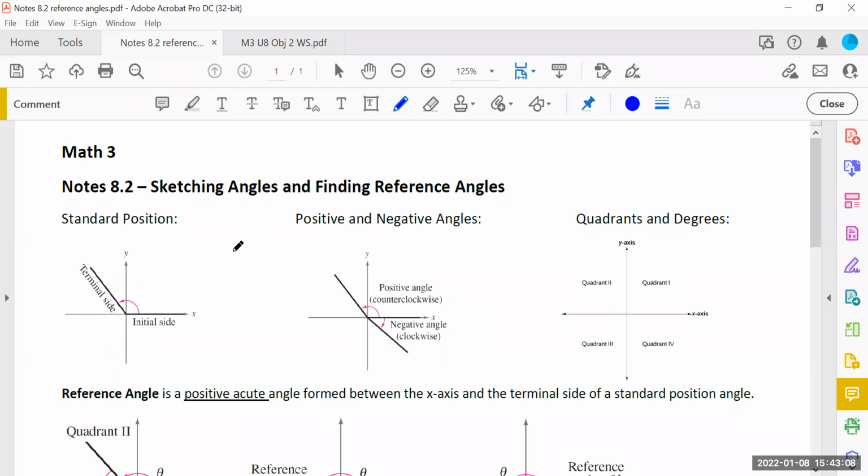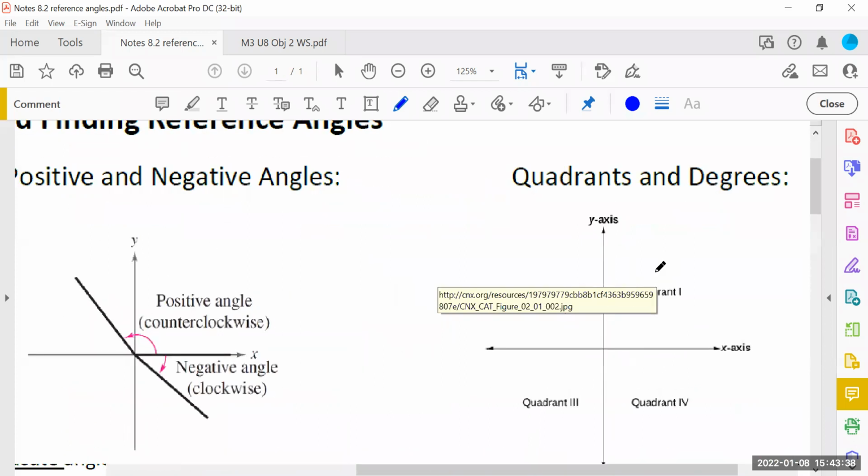And just a little bit, we'll talk about the fact that we can also go all the way around a circle and end up there with a little bit of extra distance, and that is still the same terminating side with equivalent angles. So again, the initial side is the positive x-axis, the terminal side is where our angle ends. Positive angles go counterclockwise always. Negative angles go clockwise.